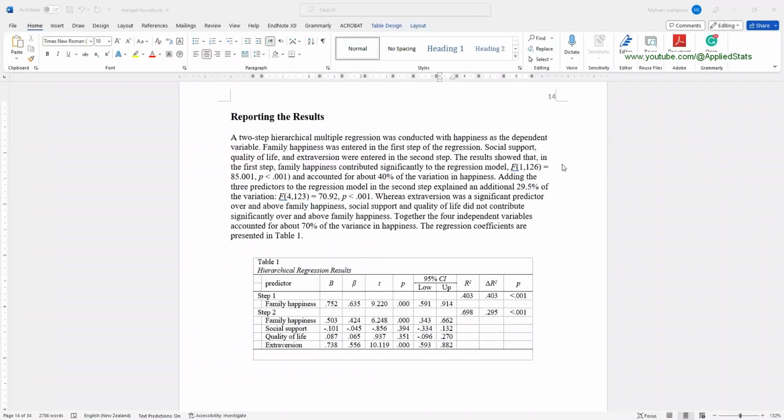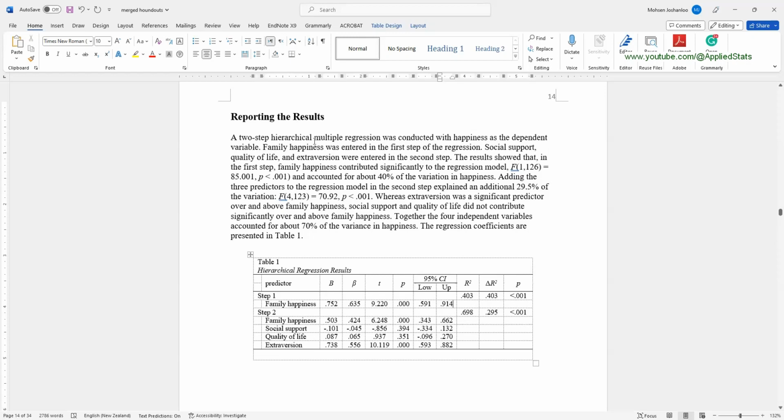This is one way to report the hierarchical regression that we just performed. A two-step hierarchical multiple regression was conducted with happiness as the dependent variable. You have to tell your readers which variables were entered in the first step and which variables were entered in the second step. And if you have a third step, you have to tell your readers which variables were entered in the third step, and so forth.